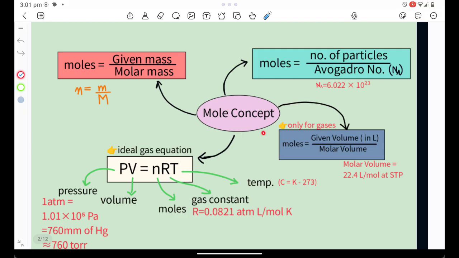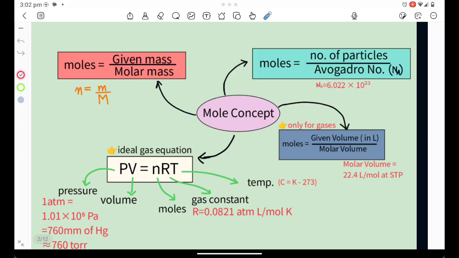The third most important formula is only for gases, so it is applicable only when gases are given. There is a very special case regarding gases: all gases at STP occupy the same amount of volume.